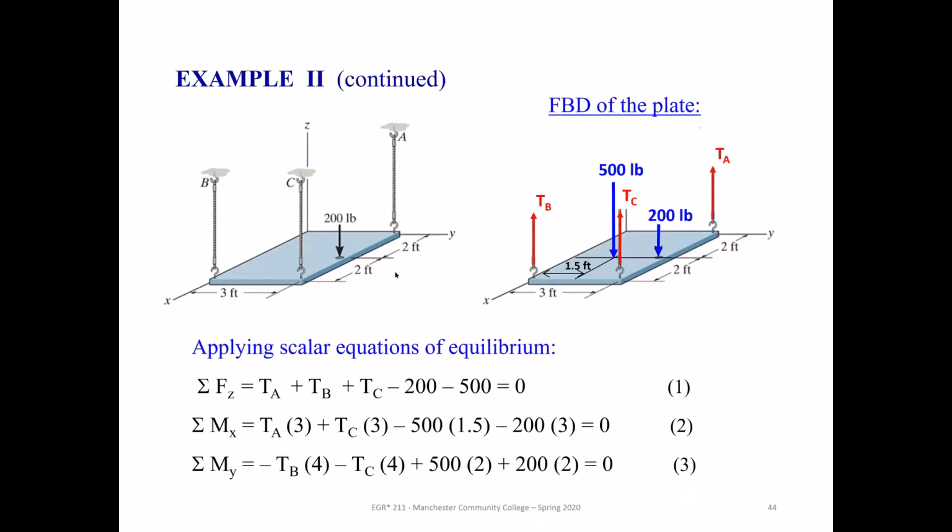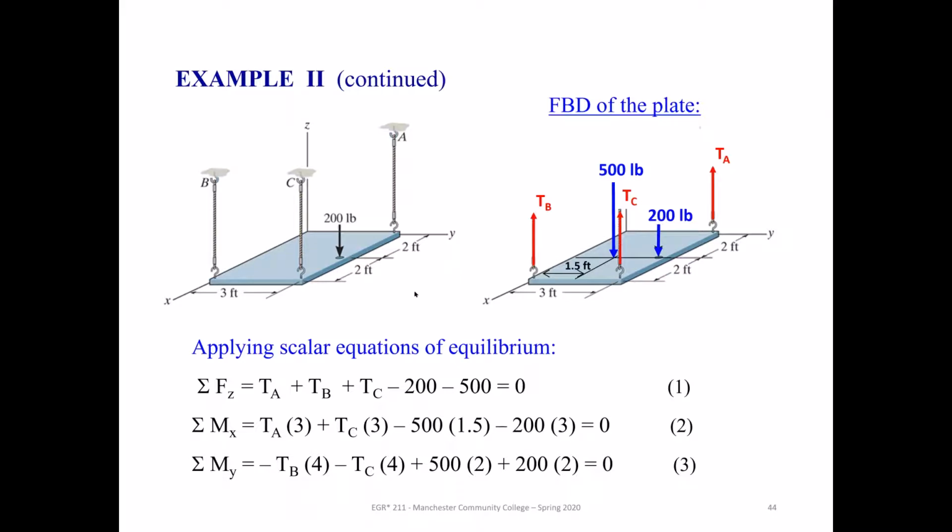All right. So doing the summation of the forces in the z direction, of course, we come up with an equation. Here's our minus 200. Here's our minus 500. Here's our 3 tensions acting vertically up, and they're equal to these forces. So we just don't know how it's distributed amongst those yet, okay?